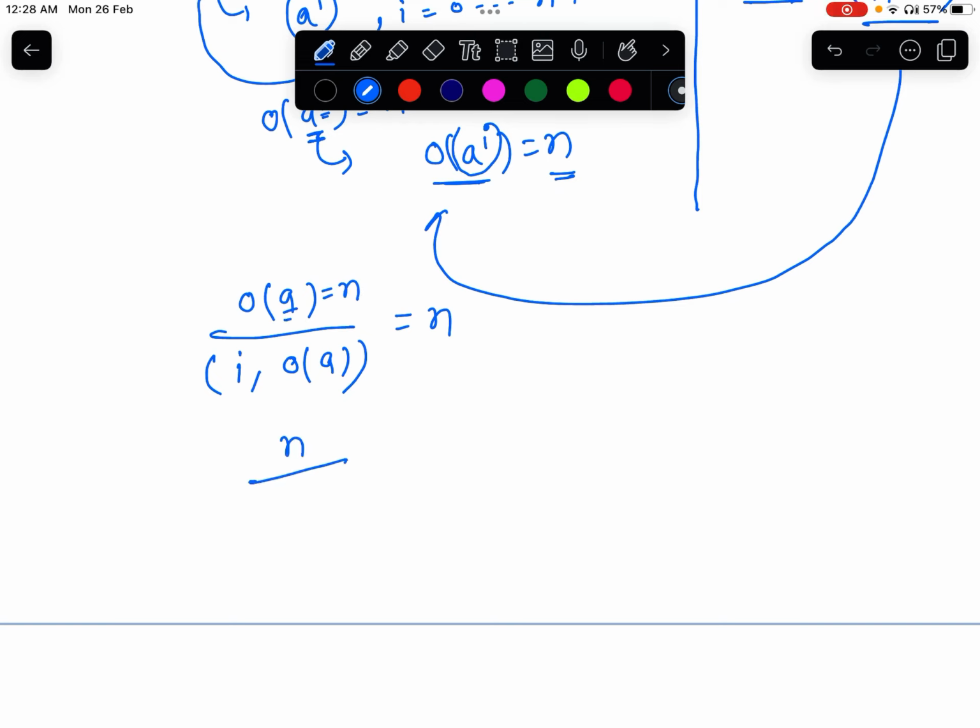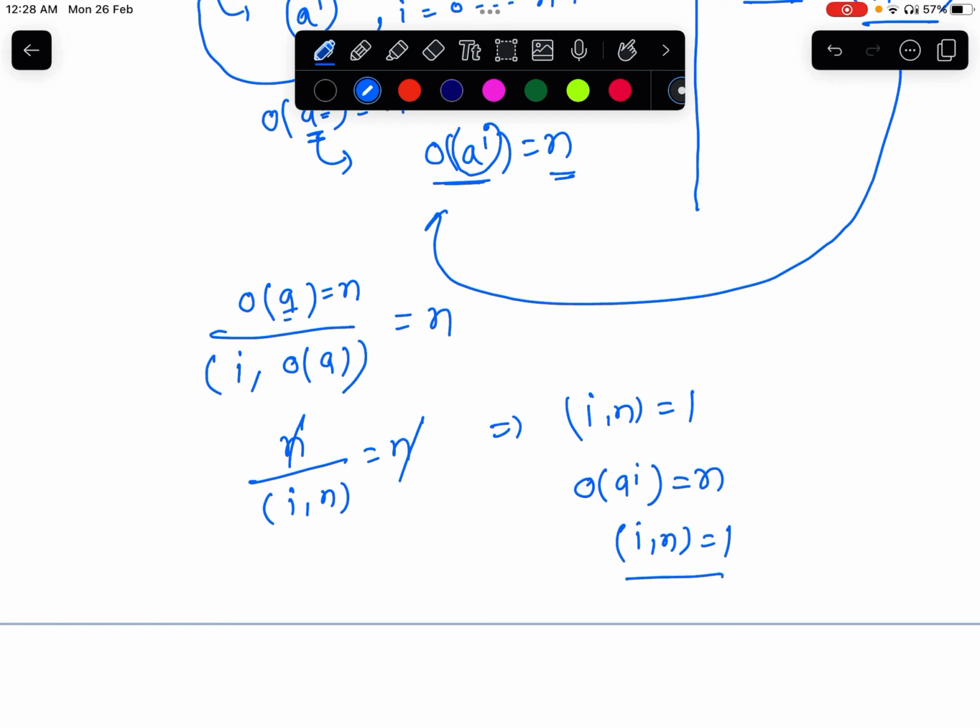So n divided by GCD of I comma n is equal to n. N and n will be cancelled out. That means GCD of I comma n is equal to 1.